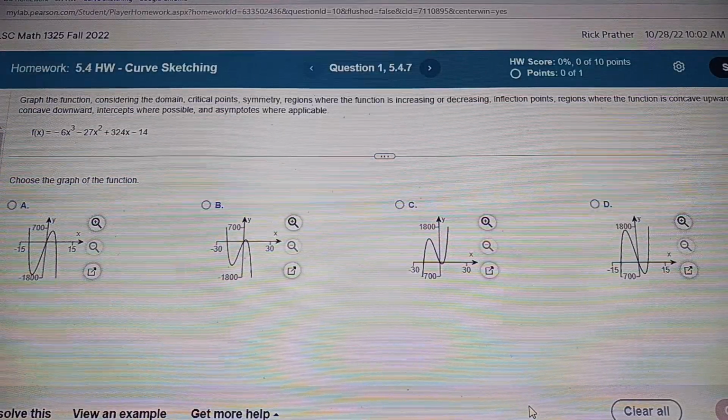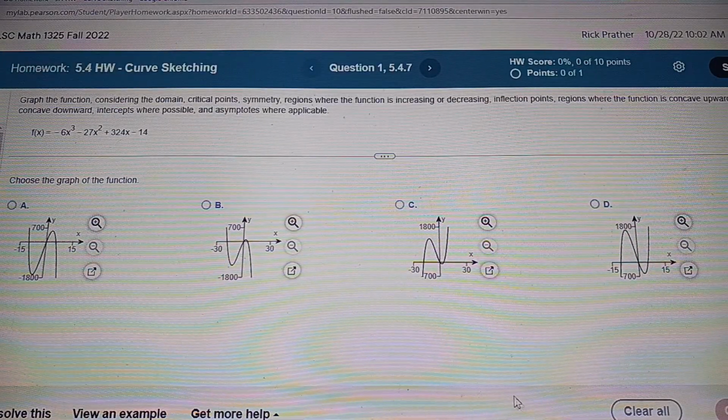Some of these are multiple choice. It's just too hard to do the graph by computer for the exact details that would need to be shown, but we can do it ourselves while we are working the problem out. So I'm starting off with f of x equals negative 6x to the third minus 27x squared plus 324x minus 14.